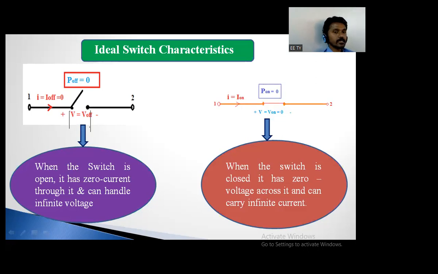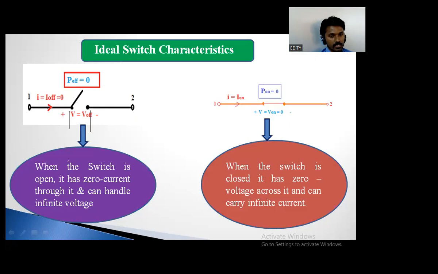If we apply 200 volts to the switch as an input, and the switch is in off position, then 200 volts is present across the switch. So when the switch is open, the maximum amount of voltage is present across the switch. Clear? This is the first point.